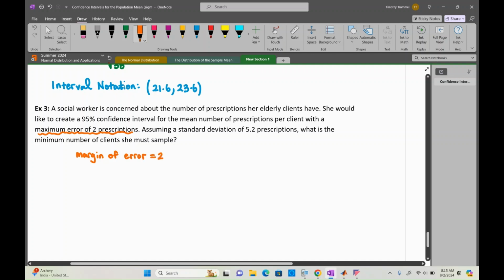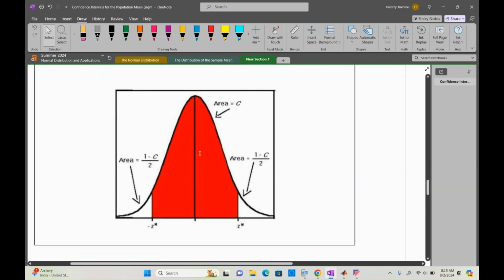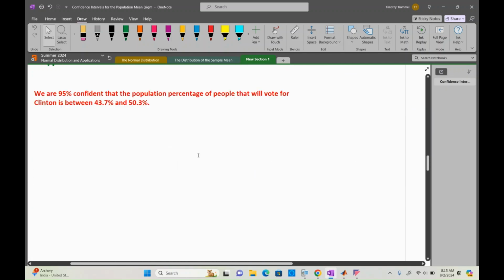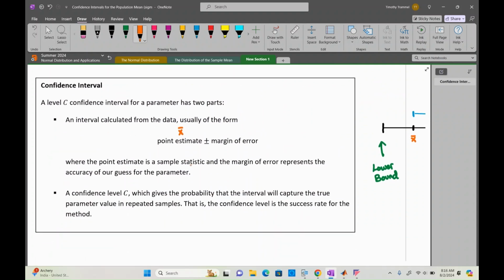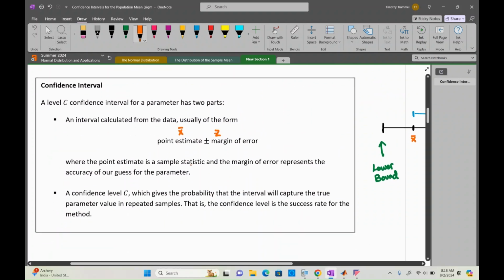And now we have a formula for the margin of error. Let's maybe write that down. And there is a good spot where we could add this in our notes. So up here, where's it at? Right here. The margin of error is z star times sigma over the square root of n.